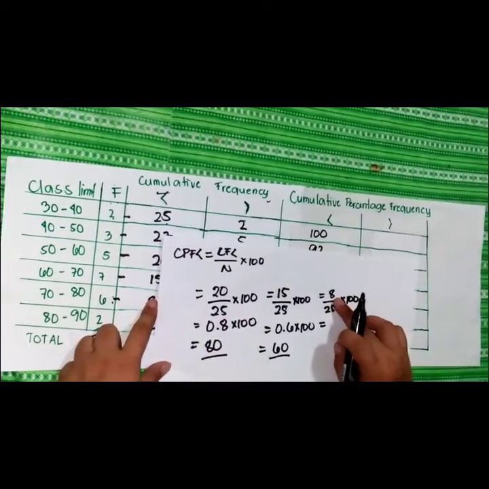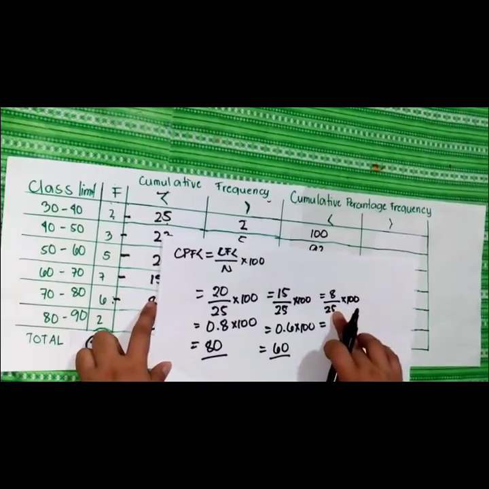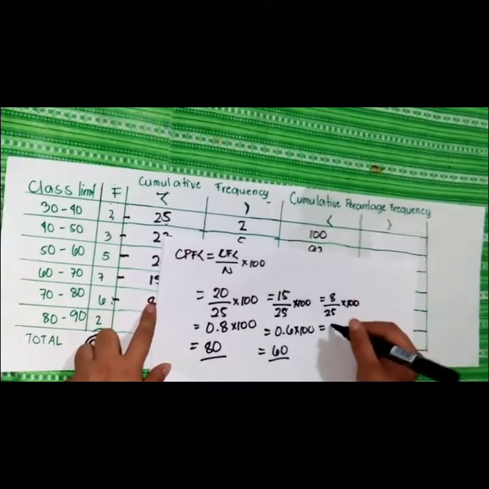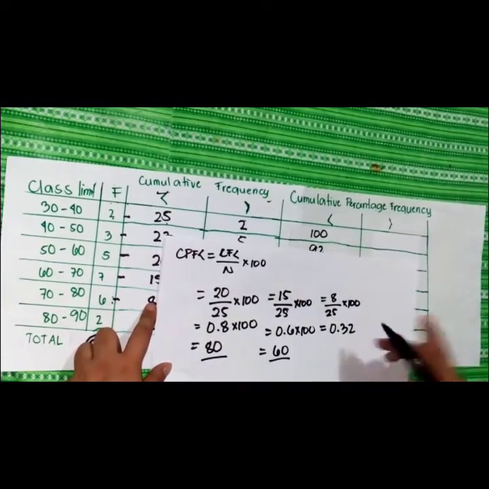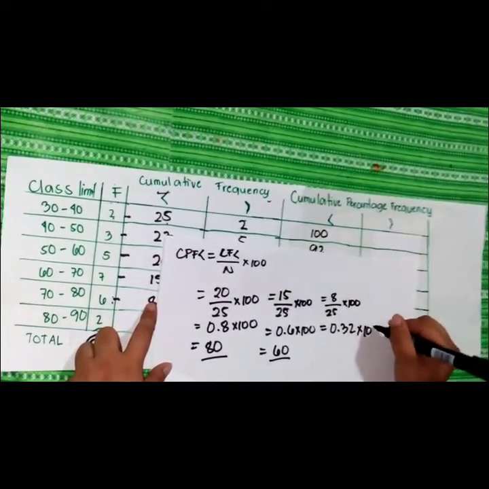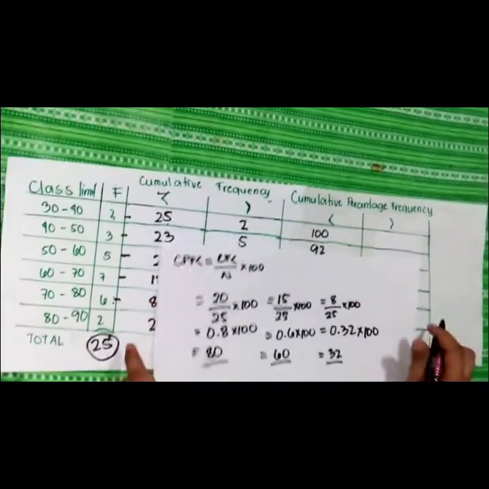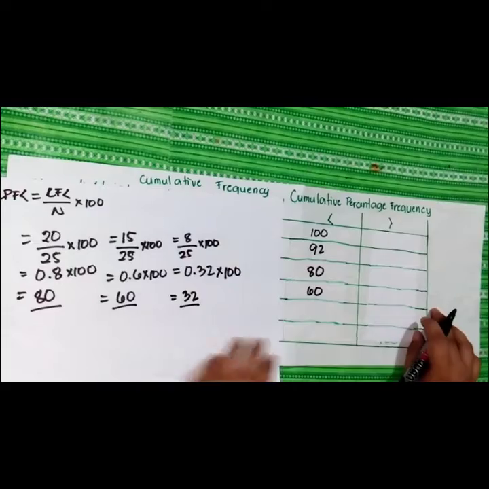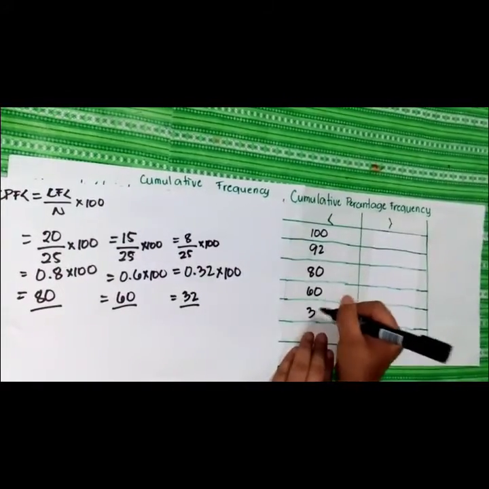So 8 divided by the number of cases, 25, is equal to 0.32. And 0.32 times 100 is equal to 32. So our answer in the fifth row, we have 32.